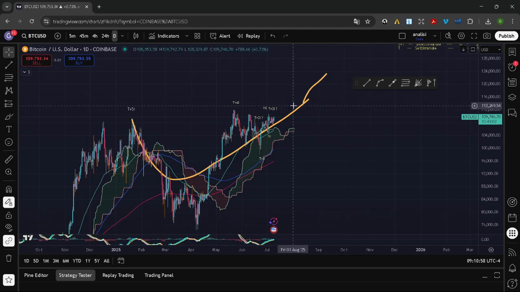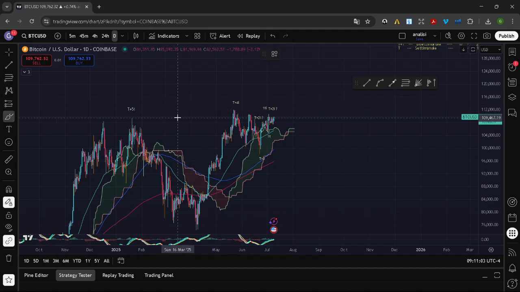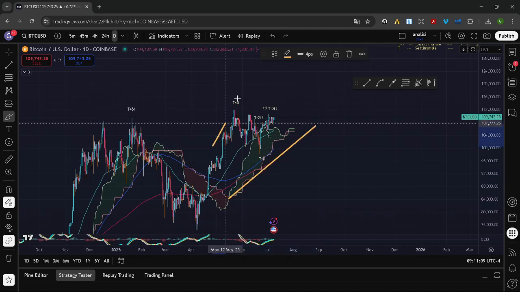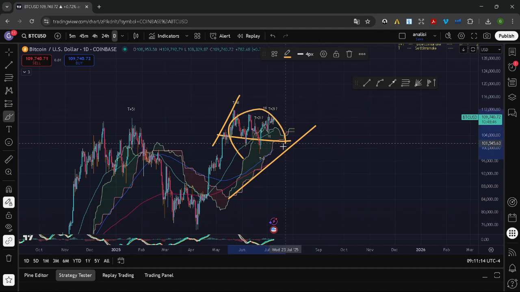For example, if you are a retail trader and you don't know the smart cycles, most probably with your indicator you start to buy in this area.